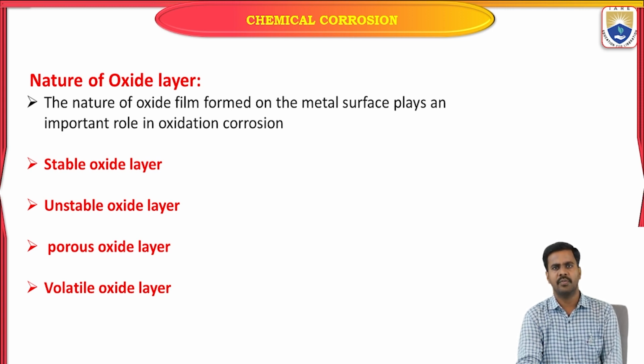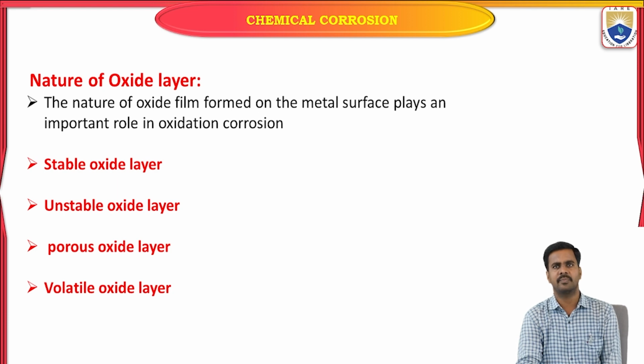So there are four types of metal oxide films formed on the surface of the metal, depending on the types of chemicals present in the environment, the types of chemicals reacting on the surface of the metal.